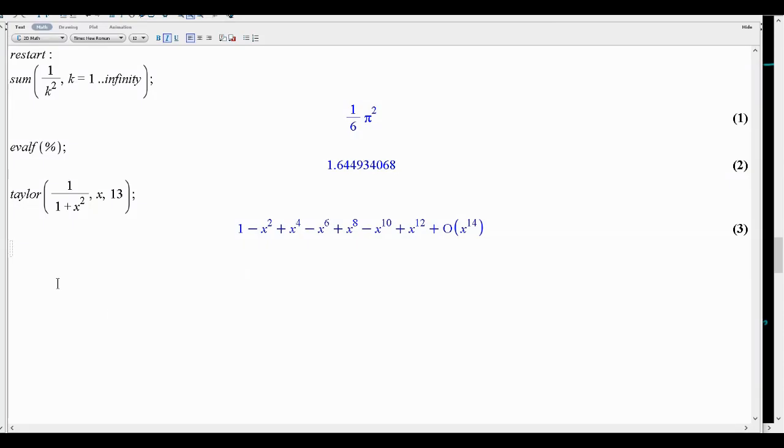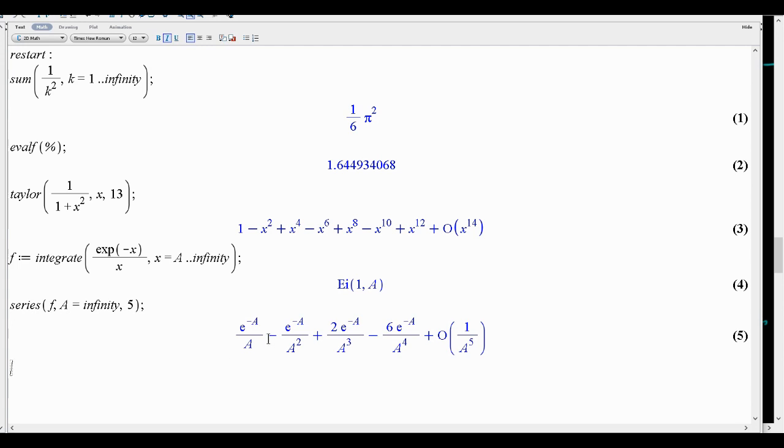So let's go over here, and f is equal to integrate e to the power minus x by x, x equals a to infinity. And then let me say series f a equals, this is a series for large A, and there you go.